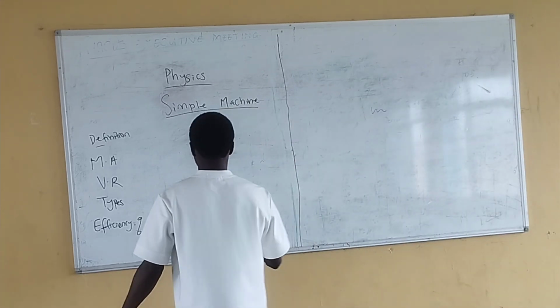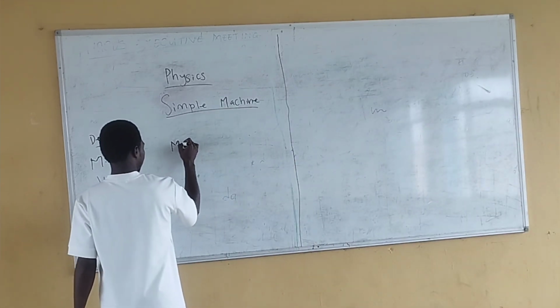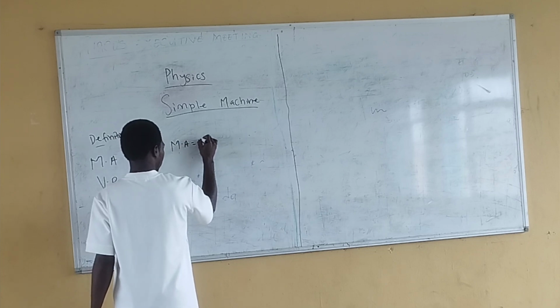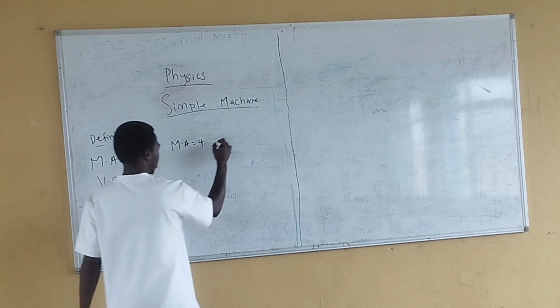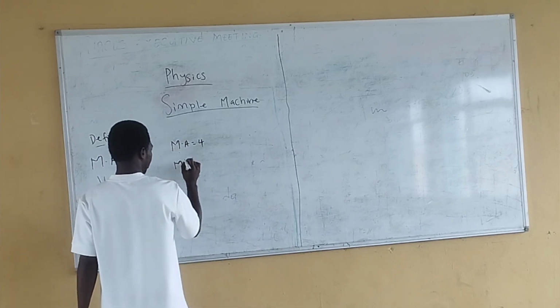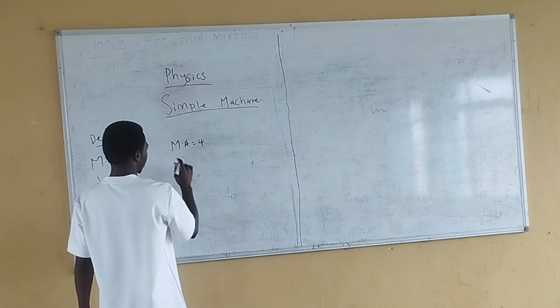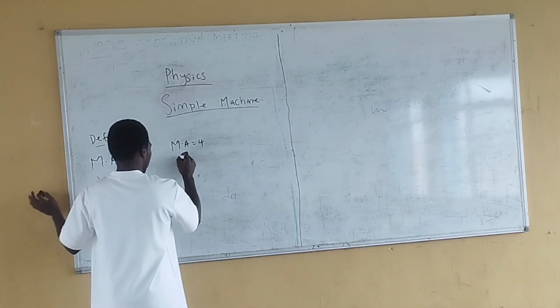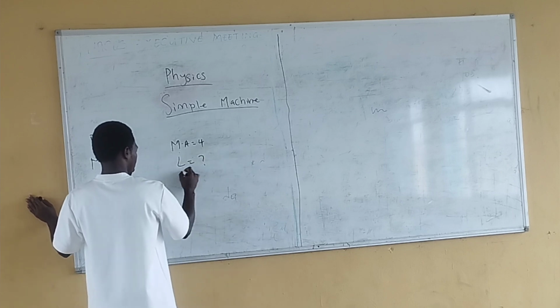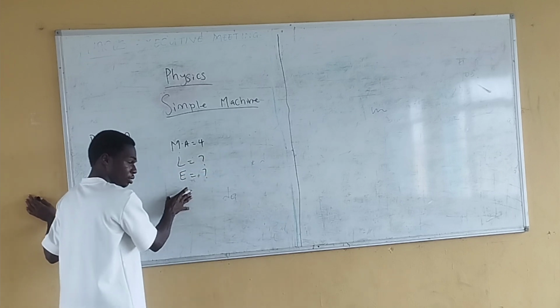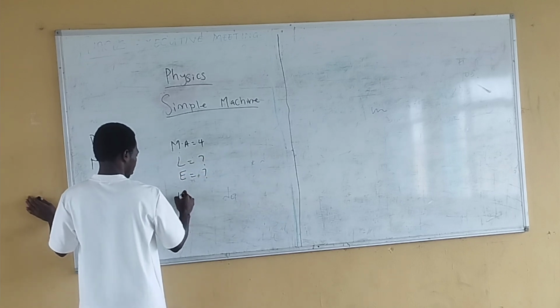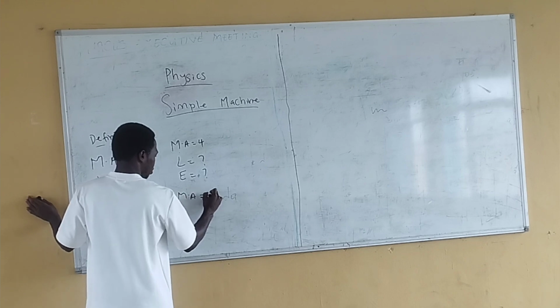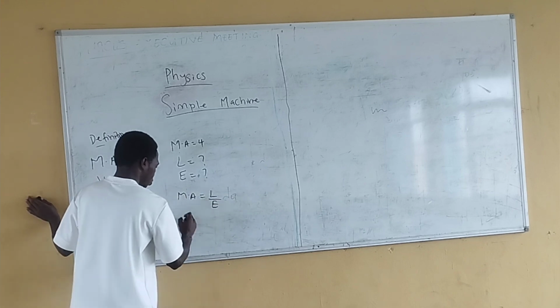See now. Mechanical advantage, MA, is equal to 4. Remember your formula: mechanical advantage. From the question, the mechanical advantage is equal to 4. Load was not given. Effort was not given. Now, mechanical advantage is load over effort, which is equal to 4.